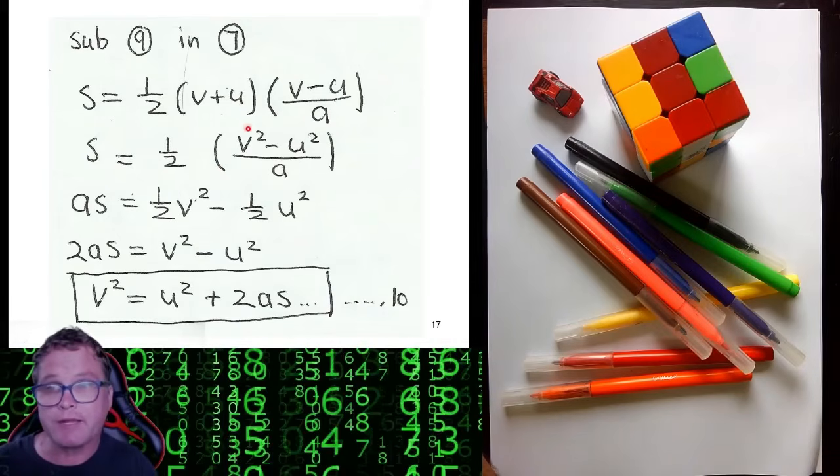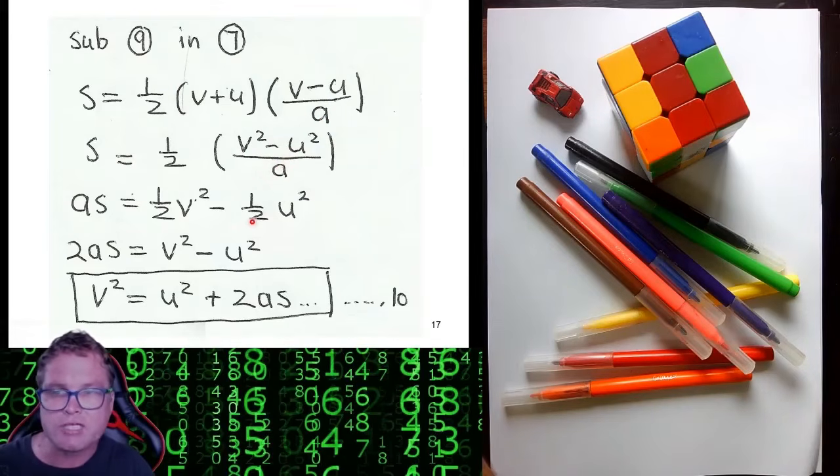In simplifying this further, we notice that we have v plus u multiplied by v minus u. So we note immediately that this is the difference of squares. When we multiply these two together, it gives v squared minus u squared. The half still remains, and the a still remains in the denominator.